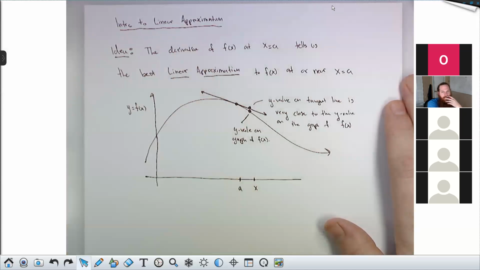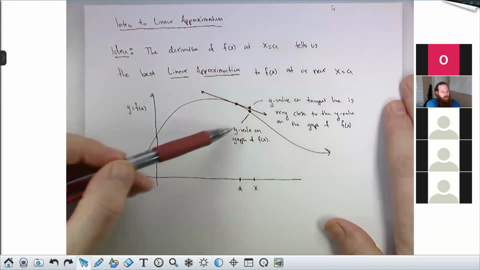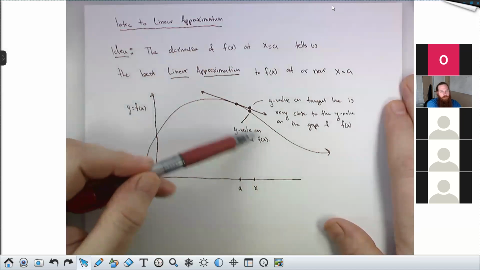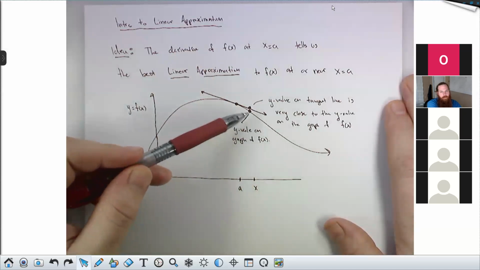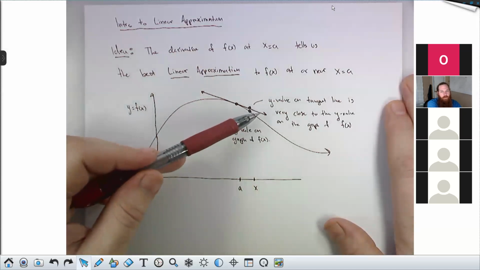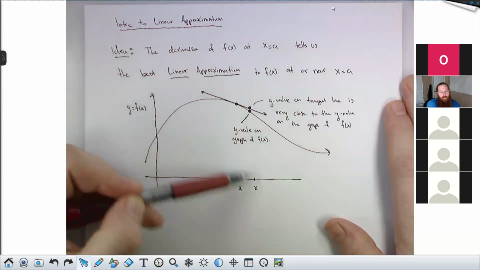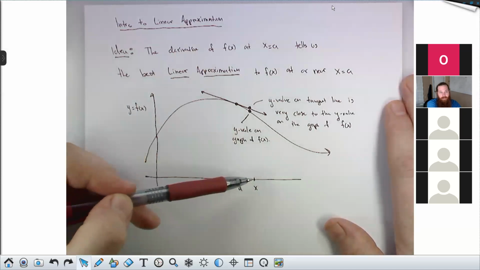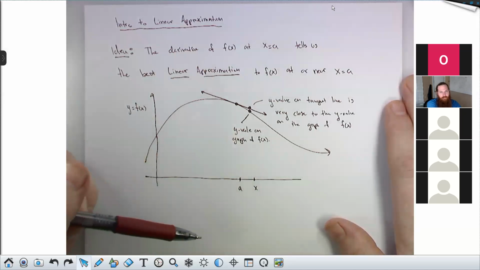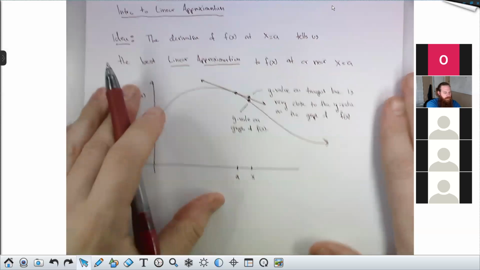That's the idea. So if it's very, very hard to calculate this y value, the y value that's actually on the graph, then instead you should find the equation of the tangent line and plug x into it. What's the equation of that tangent line?